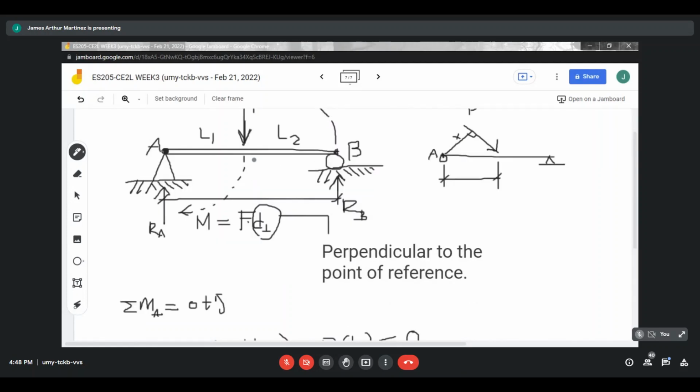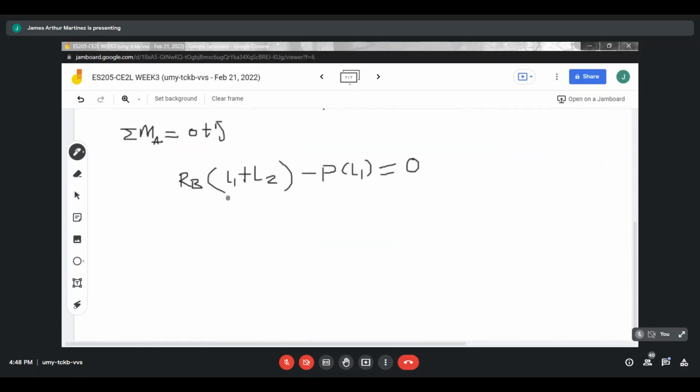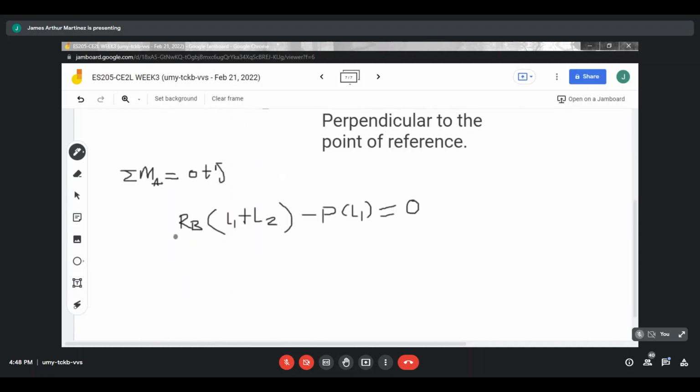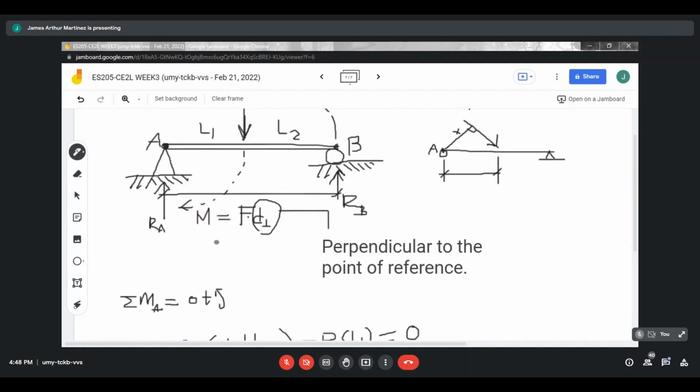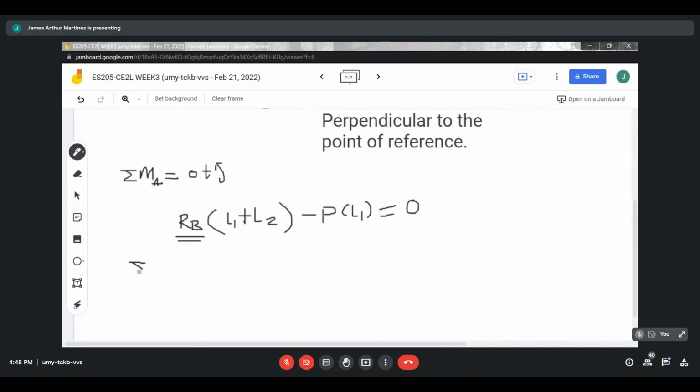These are the involved forces. However, if you already got RB in this step, you can actually take summation of forces on the y-axis. So why?